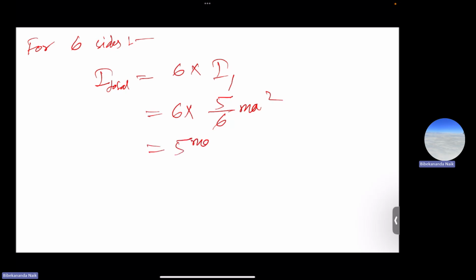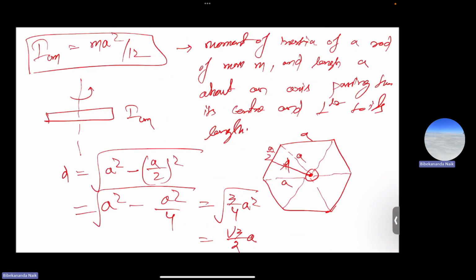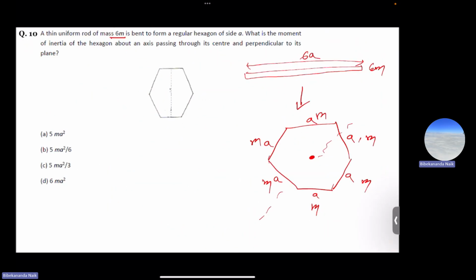It is 5 m a square. So the correct answer is 5 m a square, that is option A. So this is the scenario.